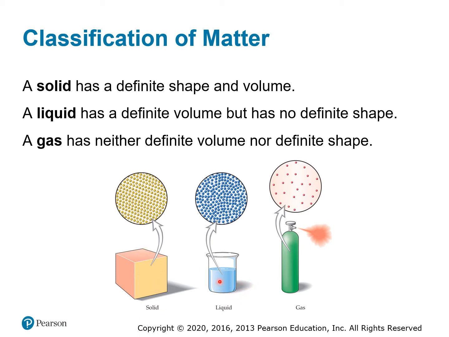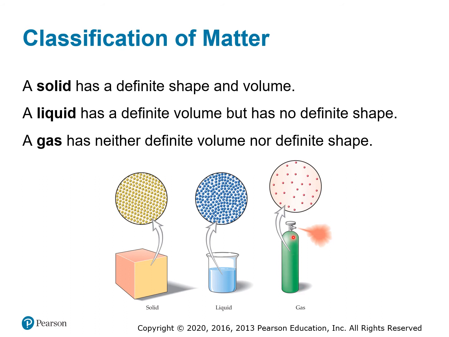And then you have a liquid where the atoms or molecules are not so orderly packed as a solid. They are close together but not as close as a solid, right? You see there is some empty space in there. So they are able to move around, and that's the reason why they can take the shape of the container. They do not have a shape of their own.